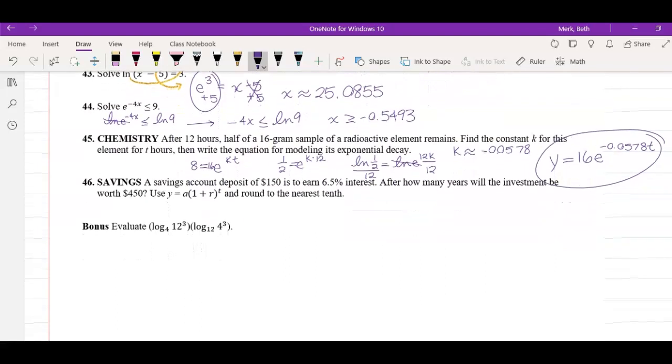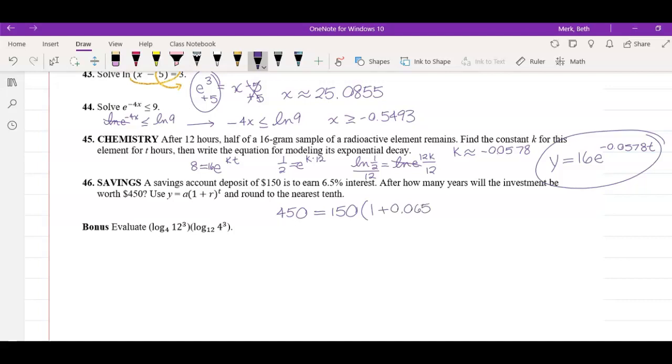Using a savings account, we're going to put $150 to earn 6.5% interest. We want to know when is it going to be $450. That's how much I'm ending with, so I put that on the left side. Put 150 on the right side, and I continue using the formula laid before me here, 1.065 to the t, dividing both sides by 150.